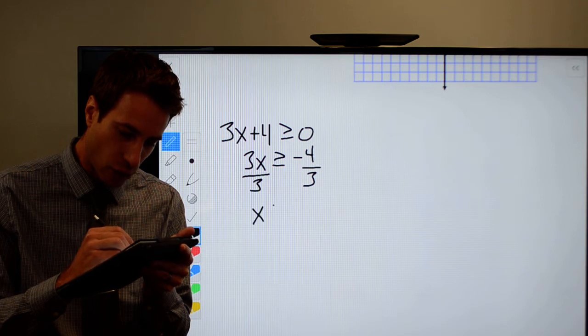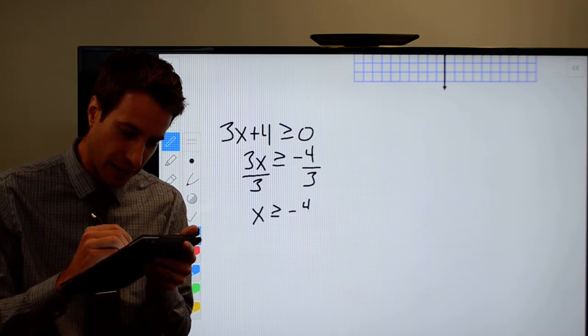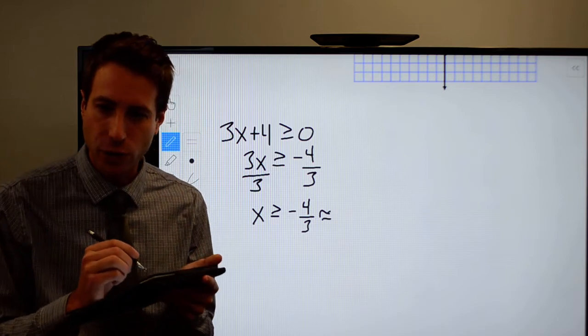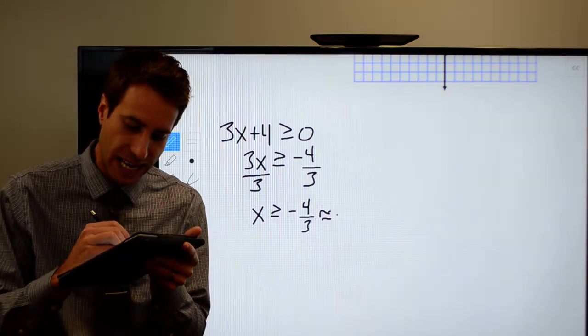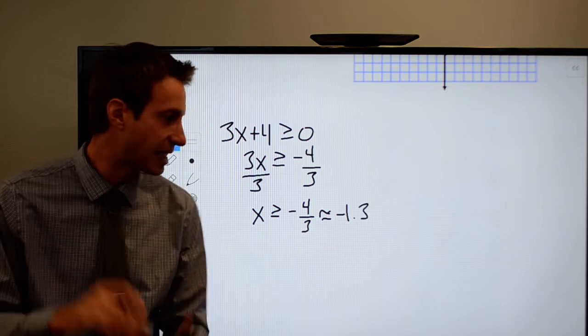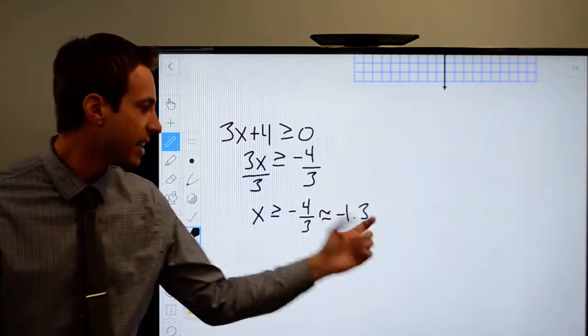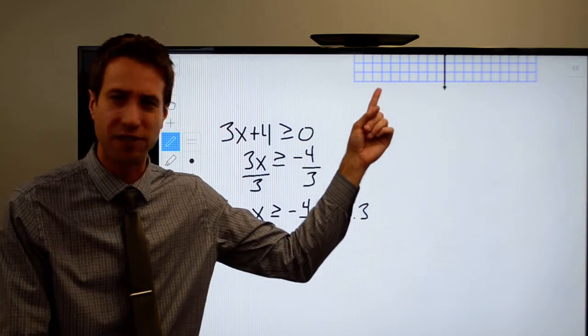So x is greater than or equal to negative 4/3, which is approximately, if you were to use a calculator, negative 1.3. It's actually negative 1.33333 repeating, but negative 1.3 is good enough on the coordinate plane that I've got.